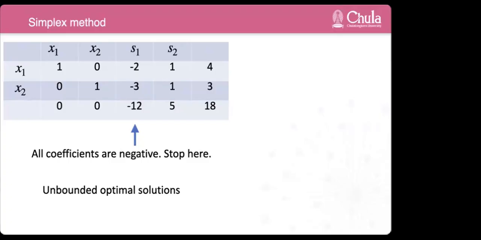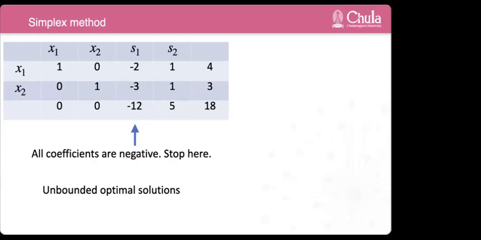This table indicates that we can further decrease the objective function, right? Because this is negative. Okay. But the problem is we cannot remove x1 or x2 from the basic variable.